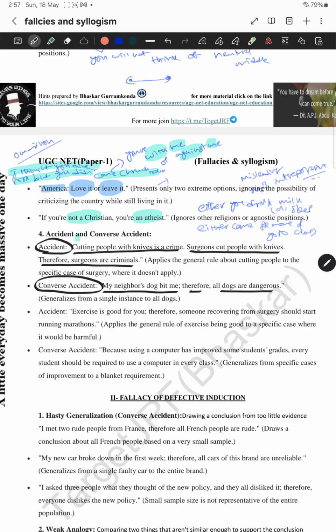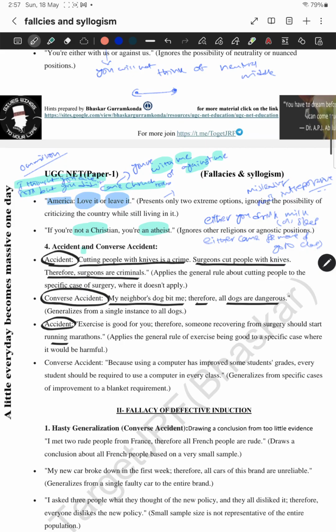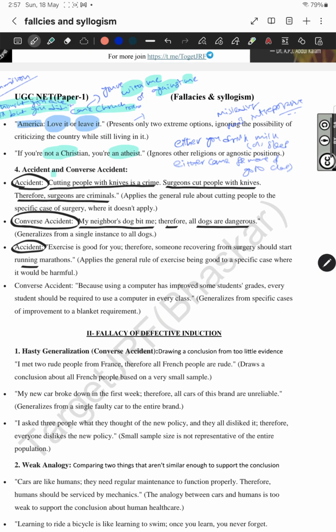Now one more example of accident: exercise is good for you, therefore someone recovering from heart surgery should exercise. Now one more converse example: because using a computer has improved some students' grades, every student should be required to use a computer in every class. So this is generalization from a specific case, applying it to the whole.